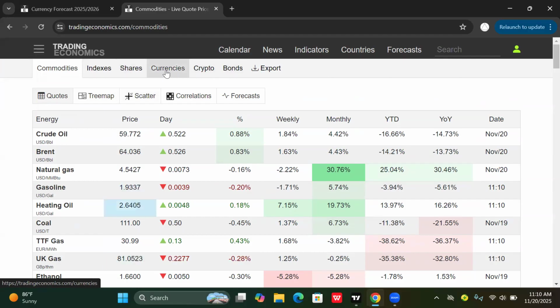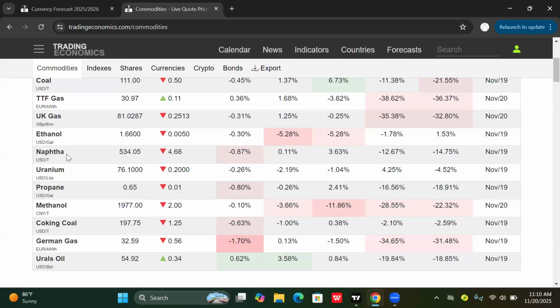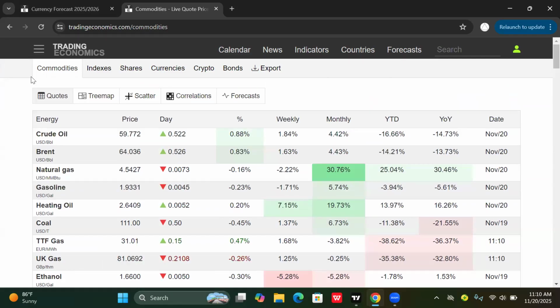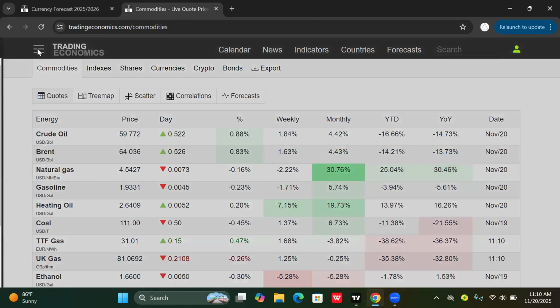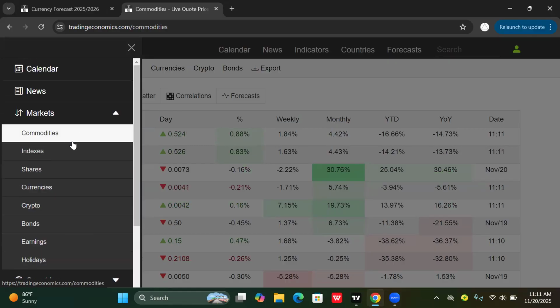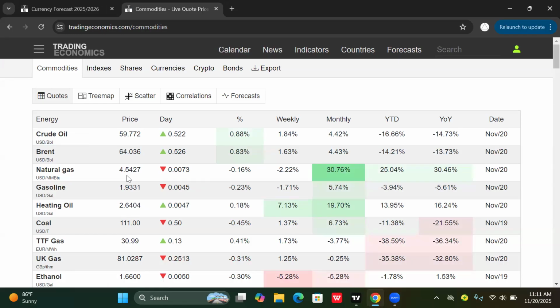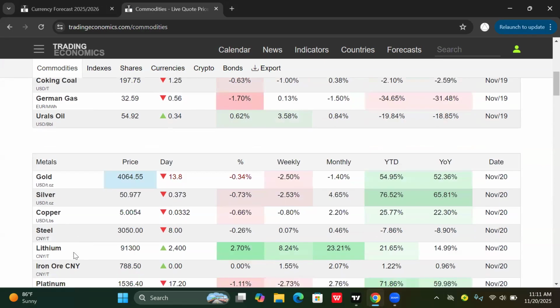I want metals. I don't know why these people are not bringing up gold. I think it's precious metals. All right, here it is, metals.